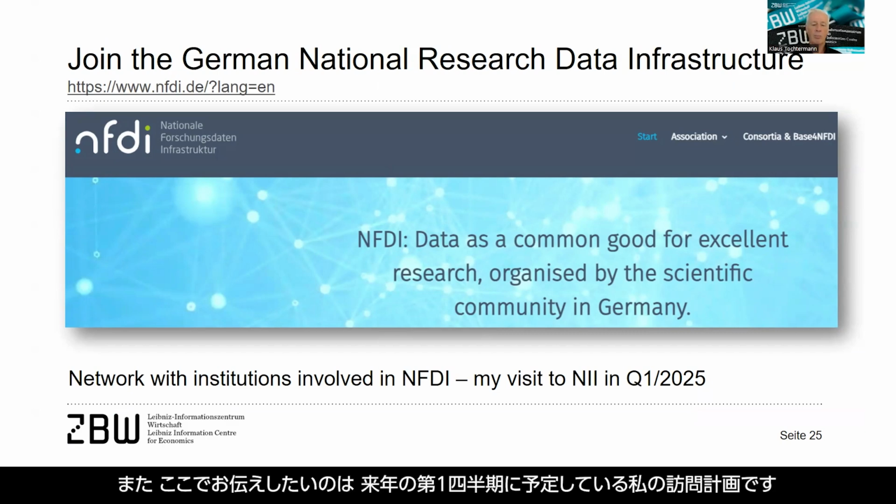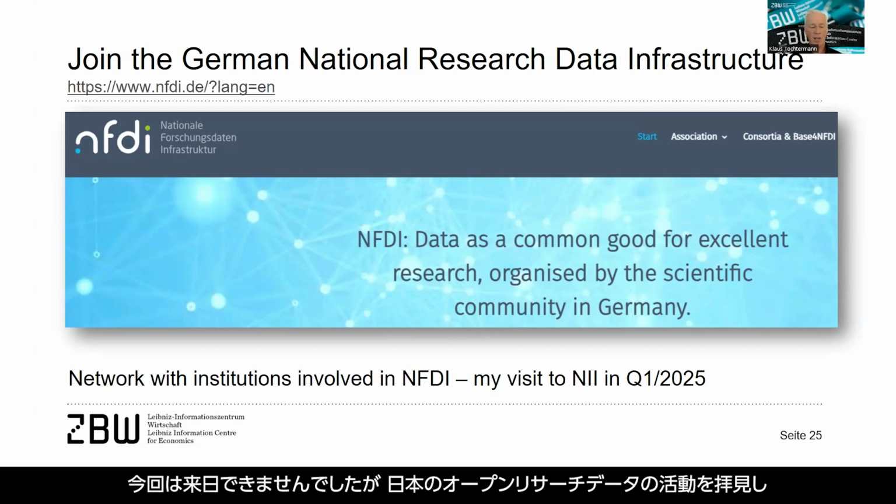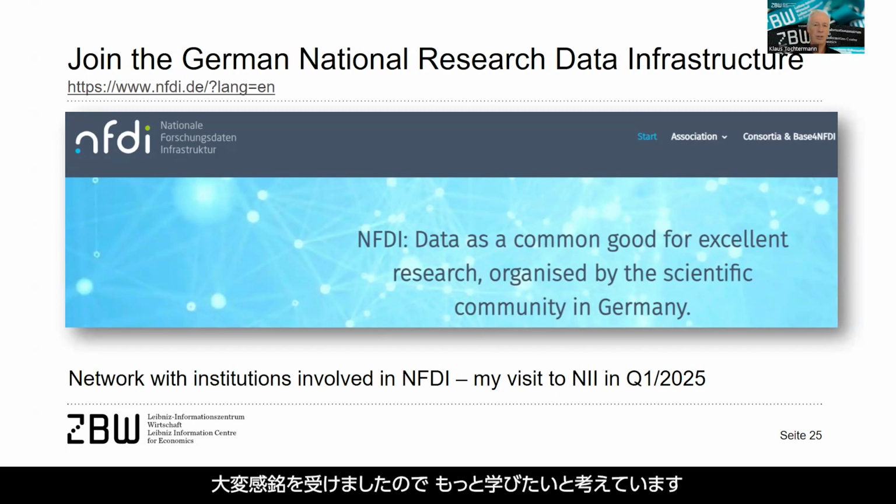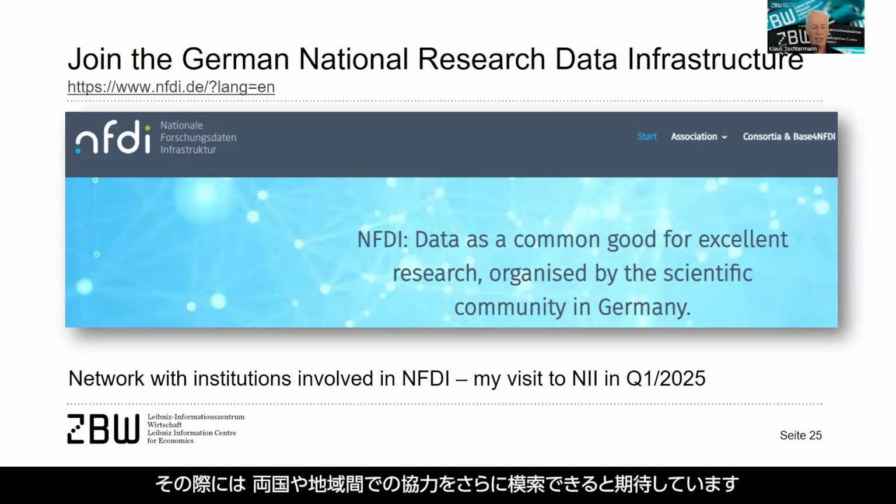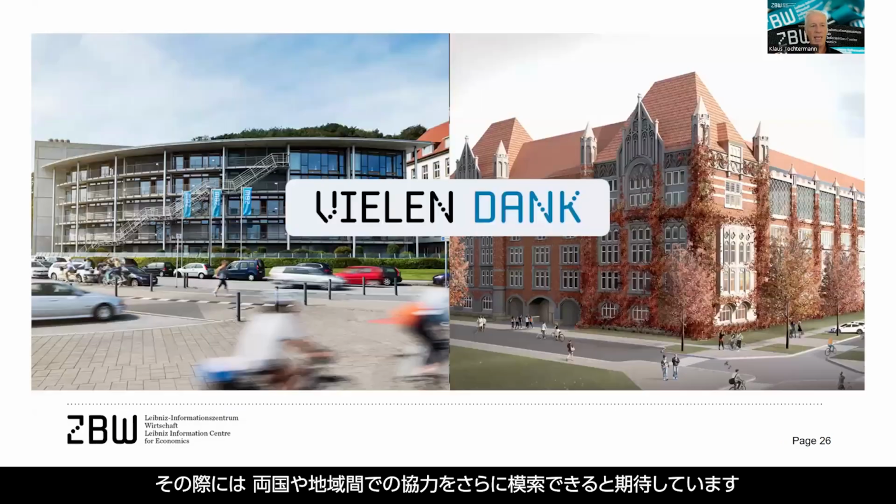And here I would like to point to my planned visit in Q1 next year, which I'm currently planning because I couldn't come this time, but I was so impressed by what I've seen on open research data activities in Japan that I want to learn more about it. Sometime early next year I will be there, and then we can further explore how we can collaborate between our countries, our regions.